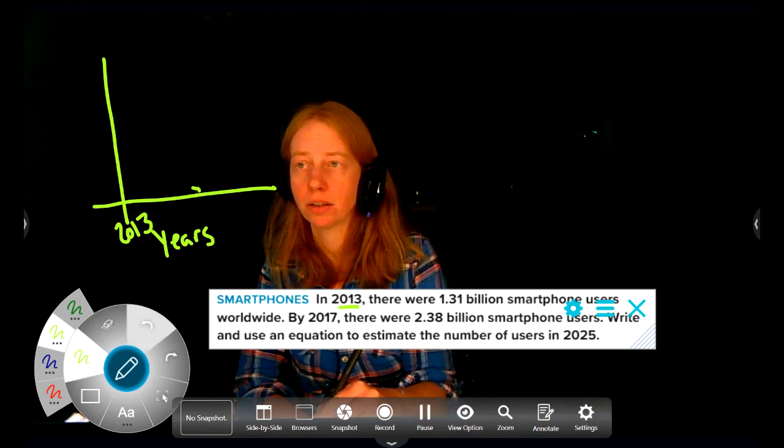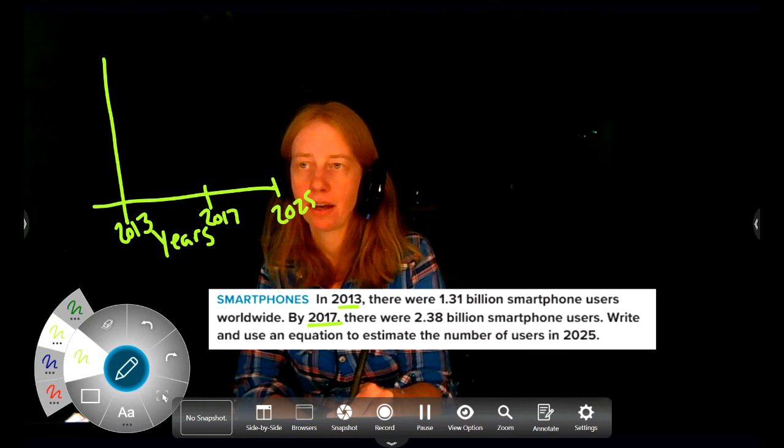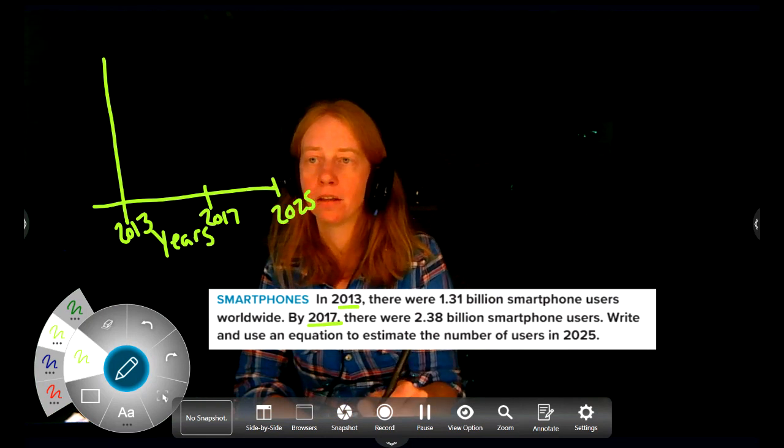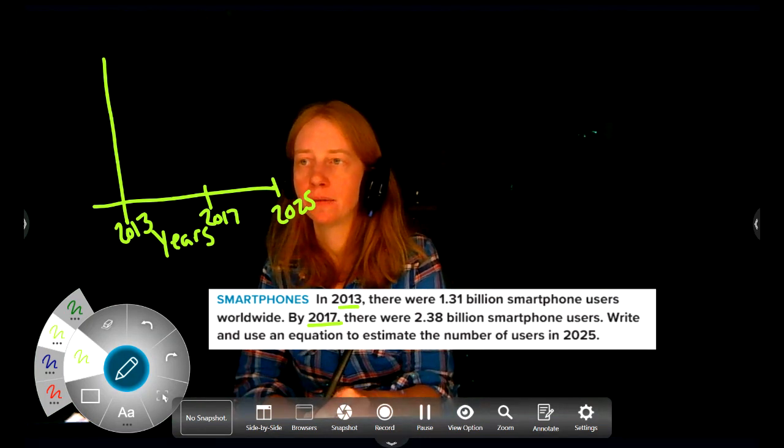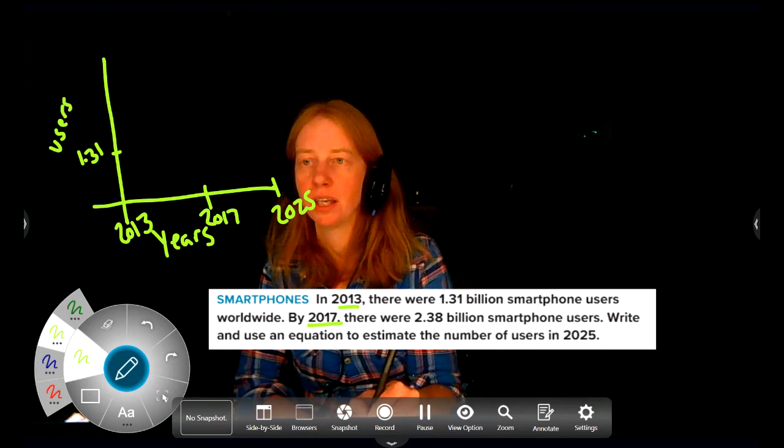I'm just reading everything wrong, aren't I? Okay. We know something about 2017. We want to estimate about 2025. Okay. So what we do know is that there were 1.31 billion in 2013. I'm going to write that 1.31 billion users of smartphones.